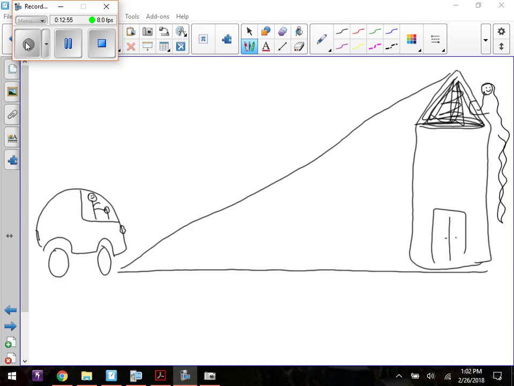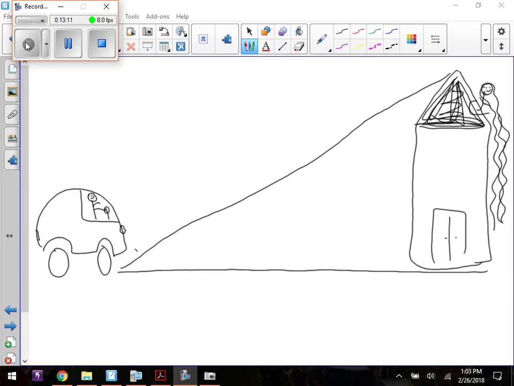All right, so there's Rapunzel. The angle of elevation from the car to Rapunzel is 32 degrees. So where does the 32 degrees go? Oh, right here.